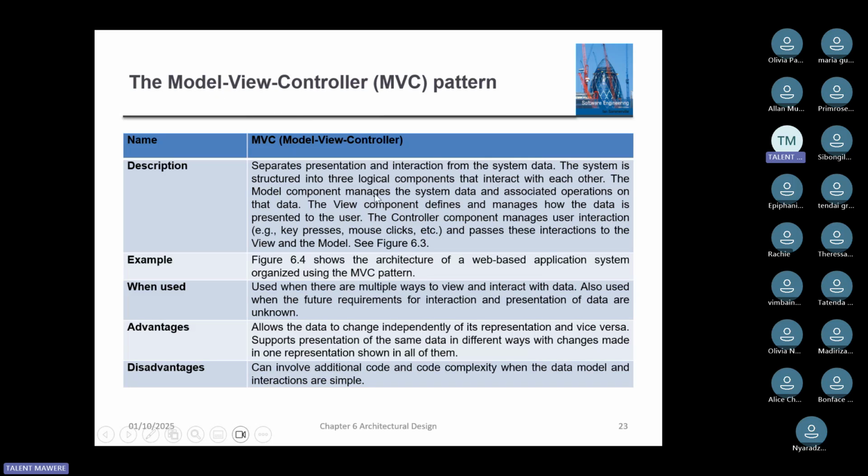So we are saying that the system is structured into these three logical components. We have the model. What the model does is it manages the system data and associated operations. The view, on the other hand, defines and manages how the data is presented to the user. The controller, on the other hand, manages user interaction.